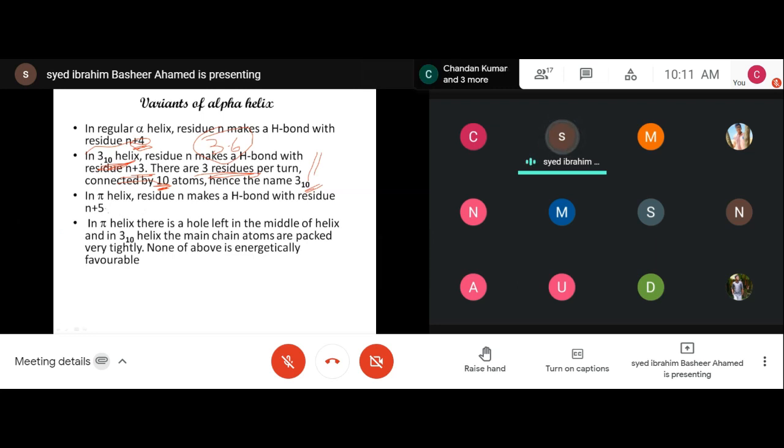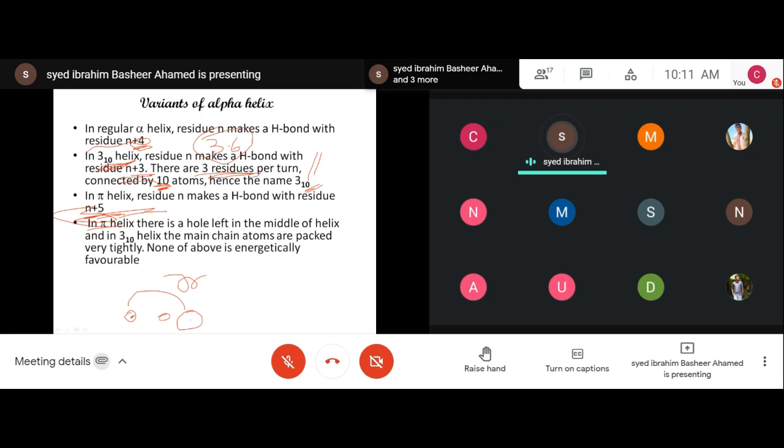Another type of helix is the pi helix, where the hydrogen bonding is N to N plus 5. Look at the cavity at the center of the alpha helix. In the regular alpha helix I told you there is nothing there. In the 3-10 helix this cavity is further reduced, whereas with N plus 5 the cavity is a little larger compared to the regular alpha helix.